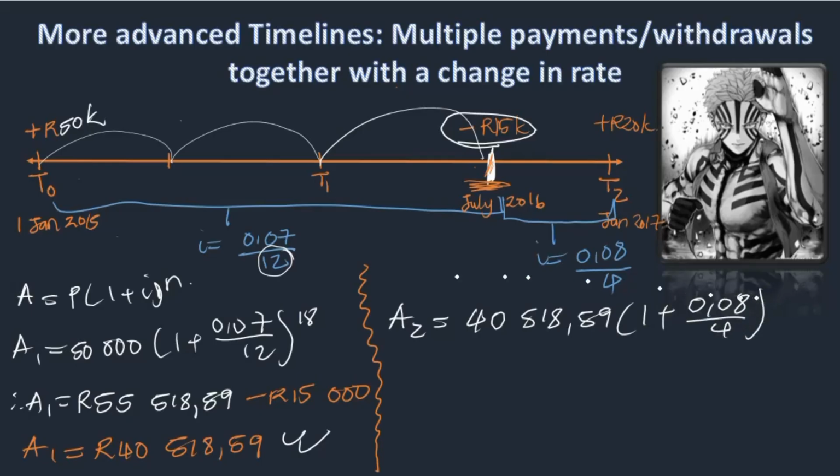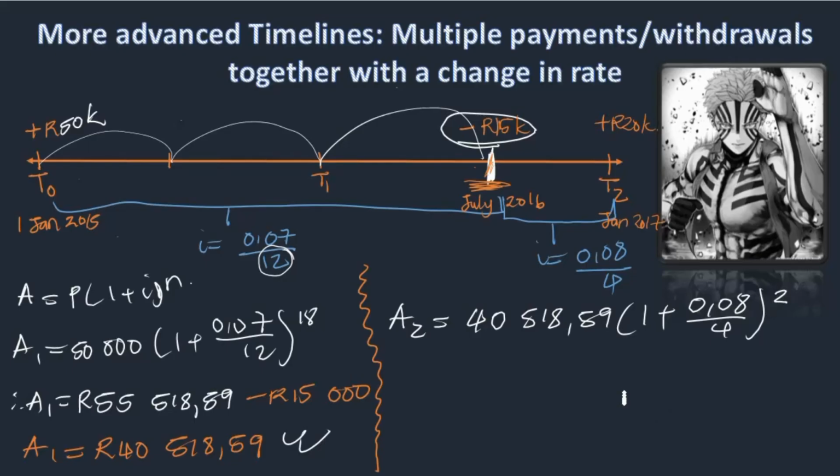What is the compounding period? What is n here? Remember this moves in 6 months, 6 months, 6 months. 6 months is half a year, and a year has 4 quarters. So if I'm calculating only for 6 months, it means I'm calculating for 2 quarters. So I'll put 2 quarters here.